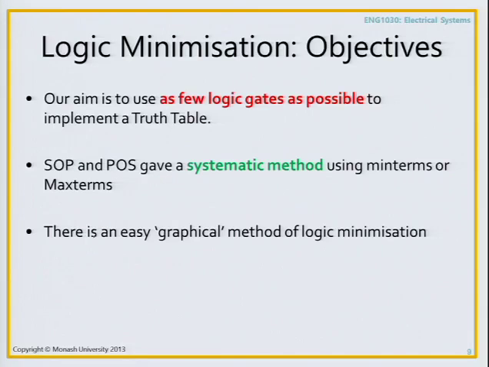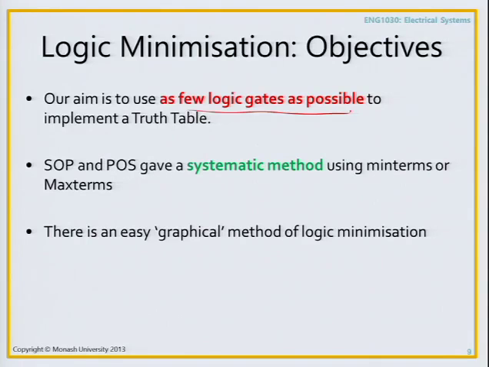Okay. So now you've been able to design a circuit, but you're running under a cost constraint. You can't buy too many components, and what you need to do is use as few logic gates as humanly possible.